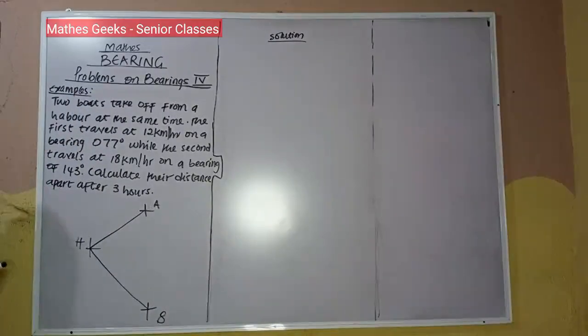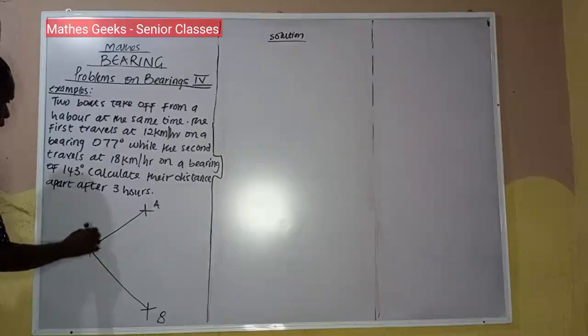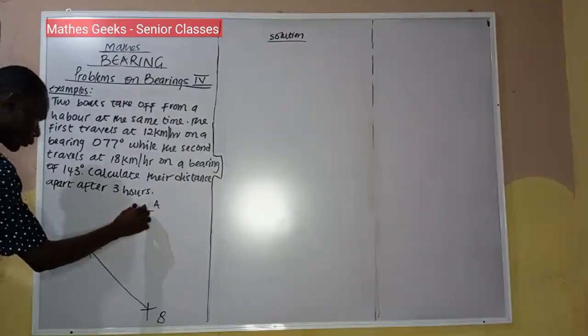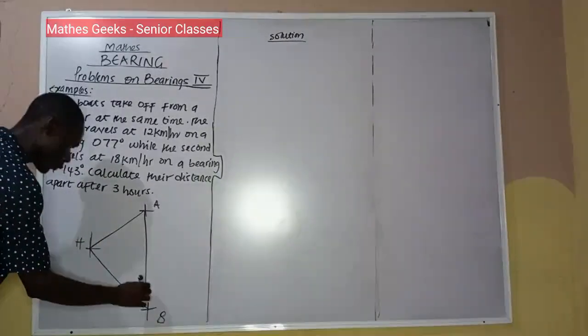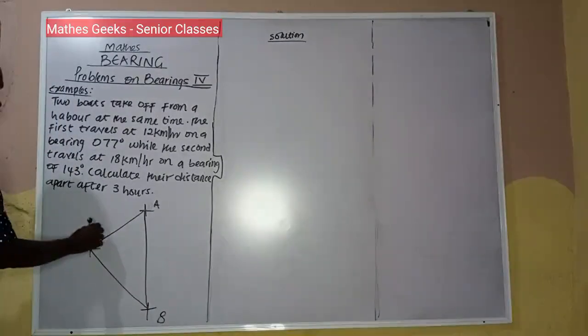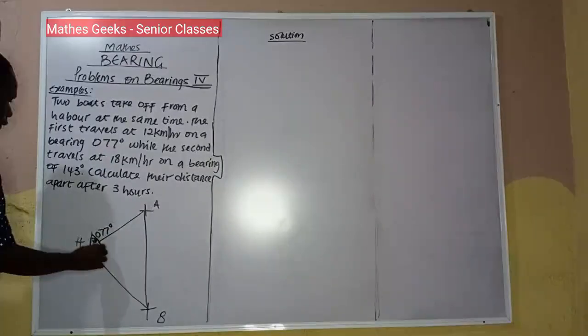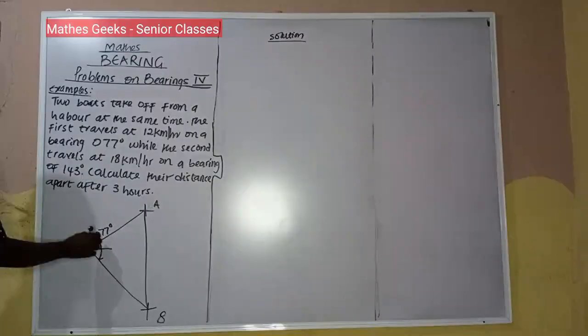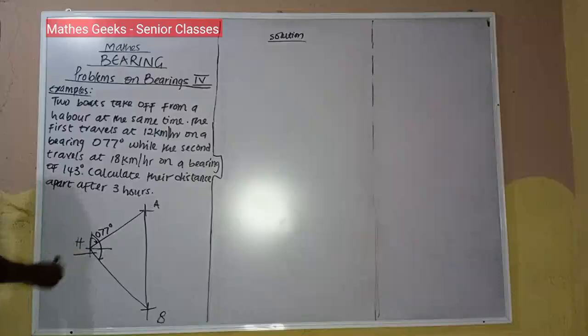So let's join them together. From H to A is 077 degrees, and from H to B is 143 degrees.